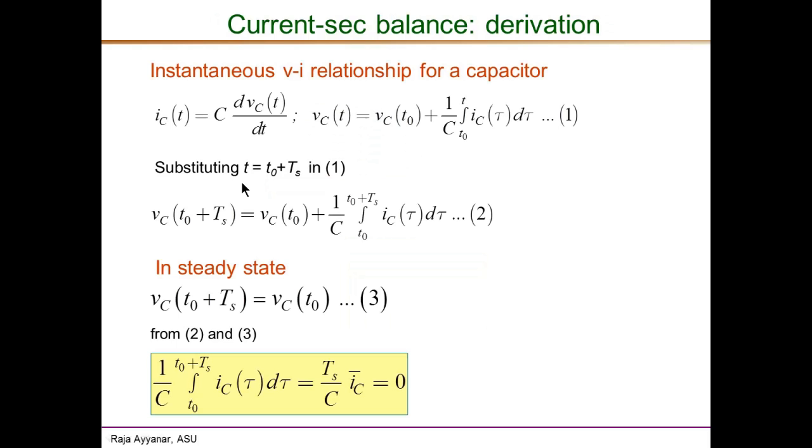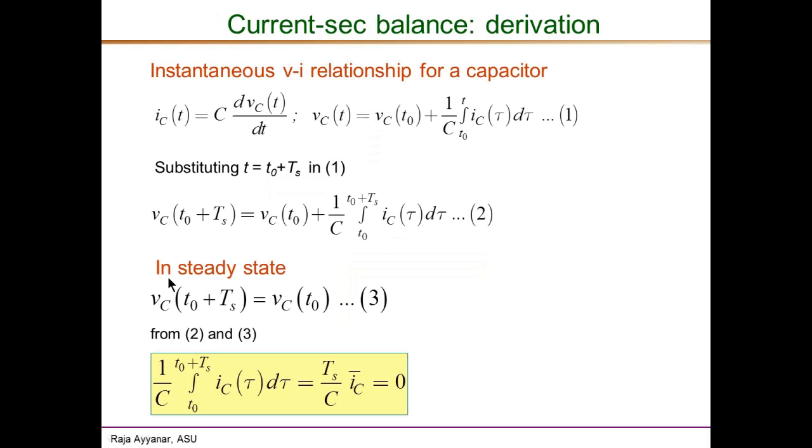And as before, we substitute t equals t0 plus Ts, so we are considering one complete switching period. If we did that in equation 1, we get this equation 2, where VC at t0 plus Ts is the starting value plus 1 over C times the integral of the current.